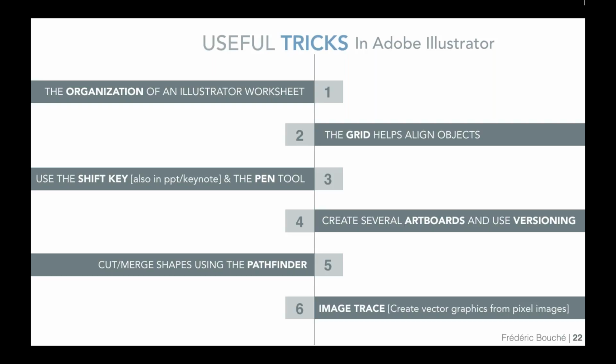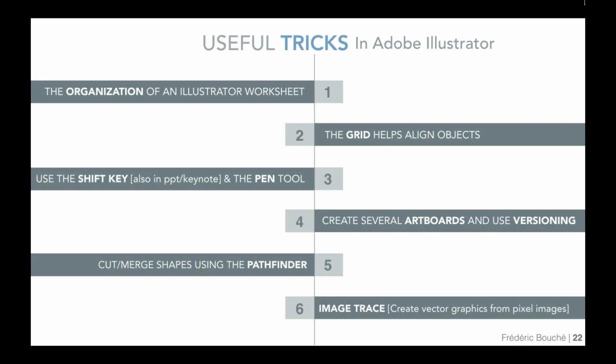This is very interesting because I think it works also with Keynote, that's for sure, but I think it also works with PowerPoint. The Shift key is really magical. And you also have the pen tool, which is very, very useful. You can also create several artboards in Illustrator, and this is a very, very handy feature that allows you to duplicate the work as you're progressing into your illustration.